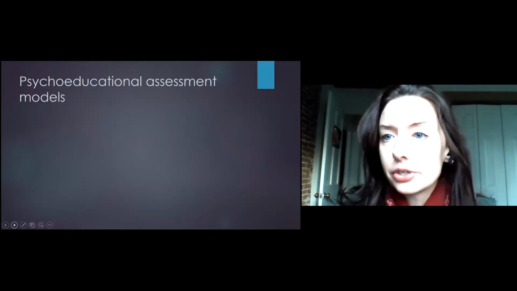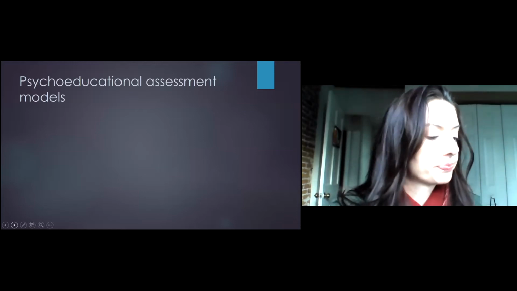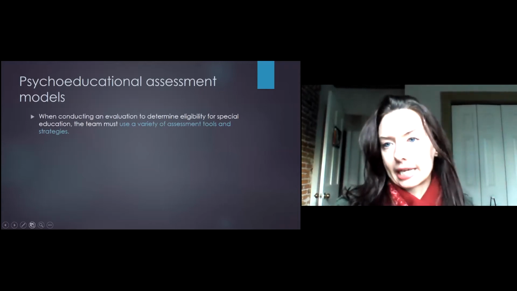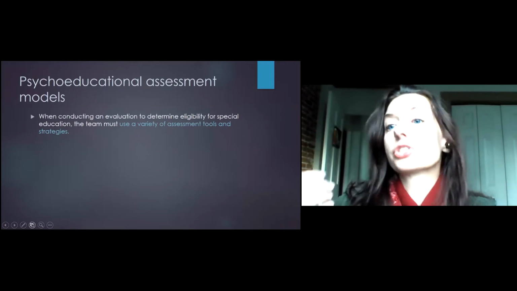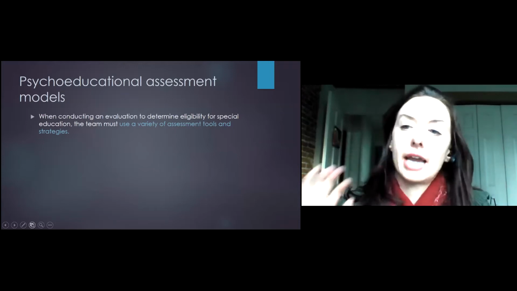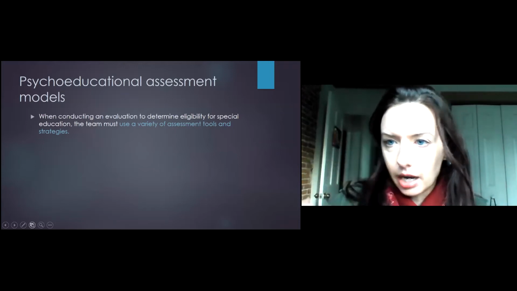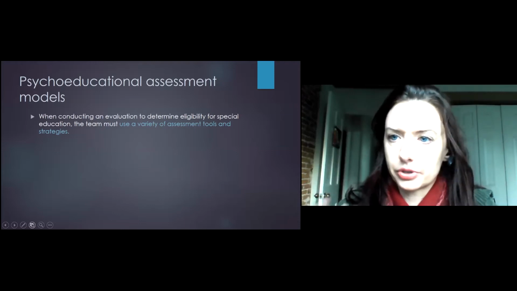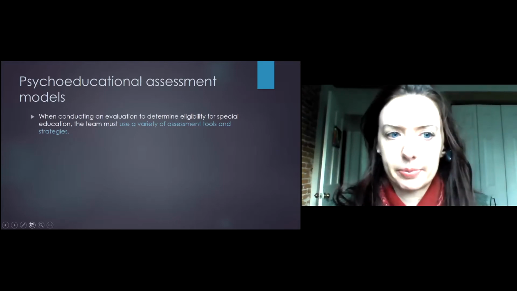So what you have in India is this psychoeducational assessment model. And so one thing that I would like to advocate for is that we use a variety of assessment tools. We don't just use the cognitive testing, the WISC or the Woodcock-Johnson, and the academic achievement tests. When I was in India, the cognitive test was normed for India, but the achievement test was not. So there's problems using assessments that are not normed for your population.